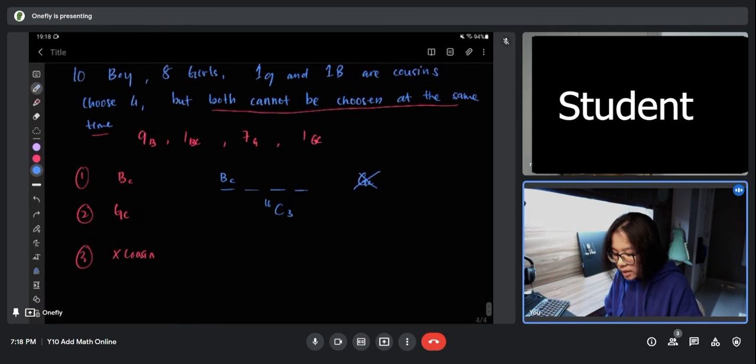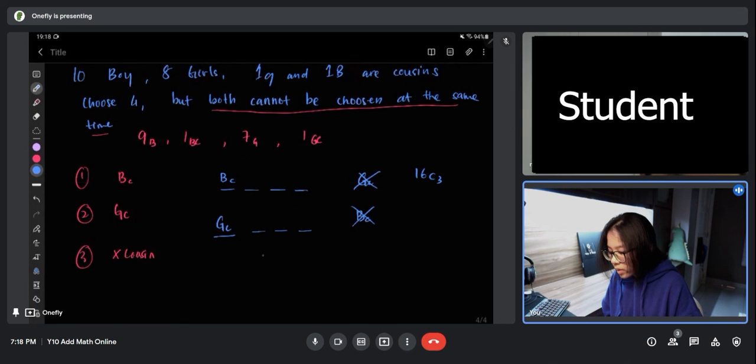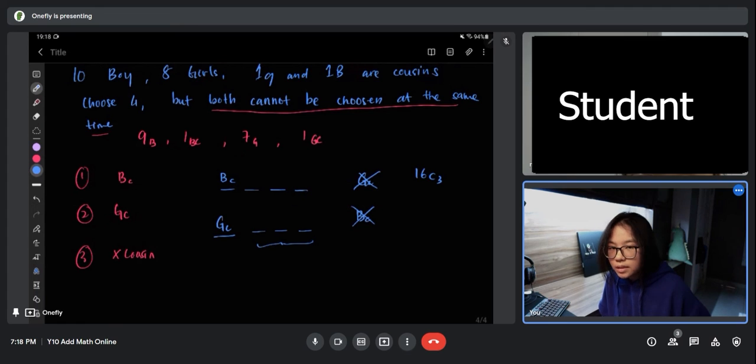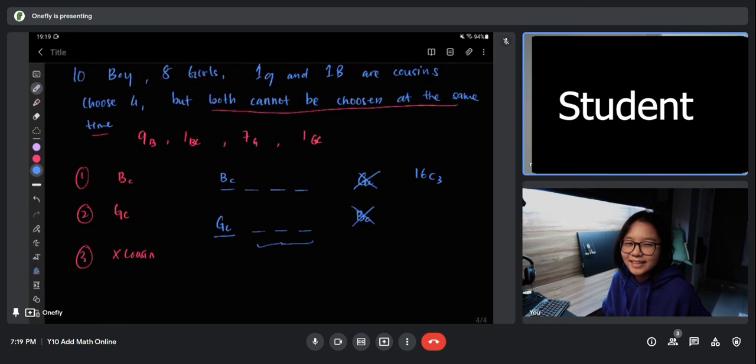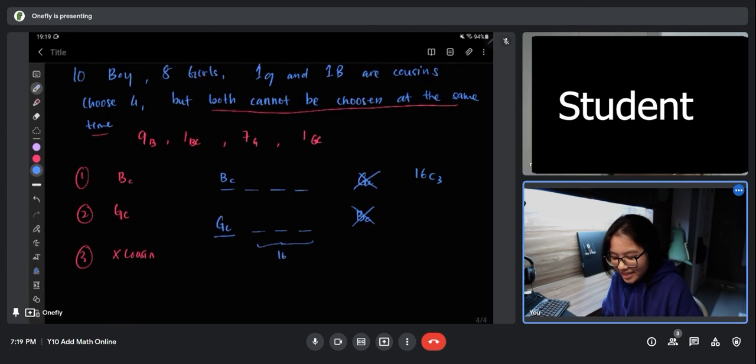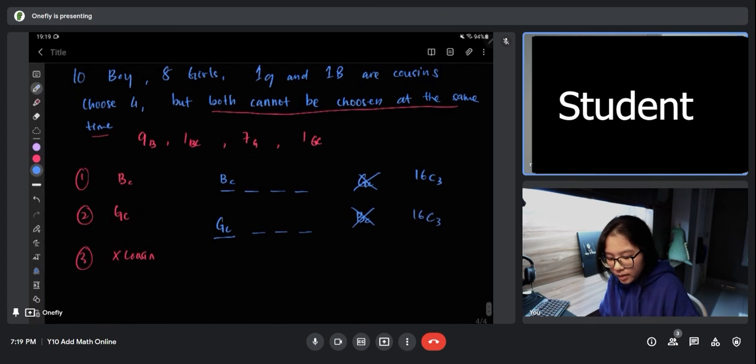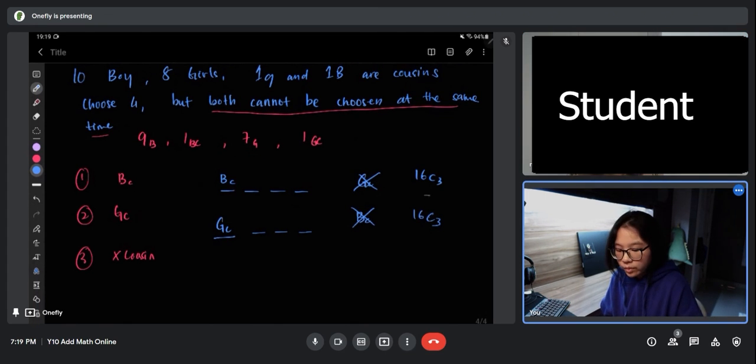Second scenario is I fix the girl cousin to participate, and then I exclude the boy cousin. Same thing, what do I have left for the other 3 spaces? Yeah, 16C3 also. Later we will add together.